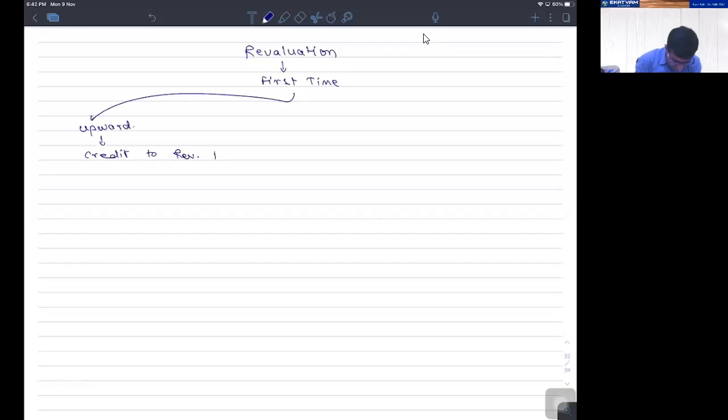Revaluation. First time upward: credit to revaluation reserve.